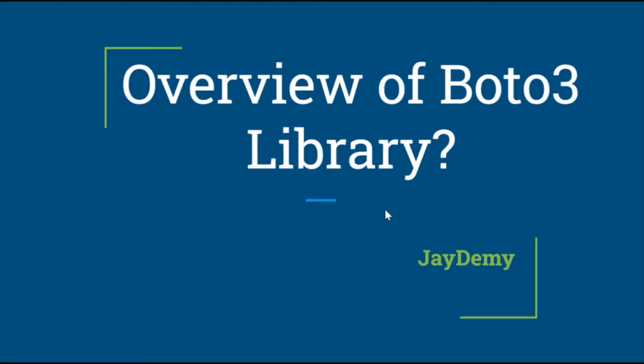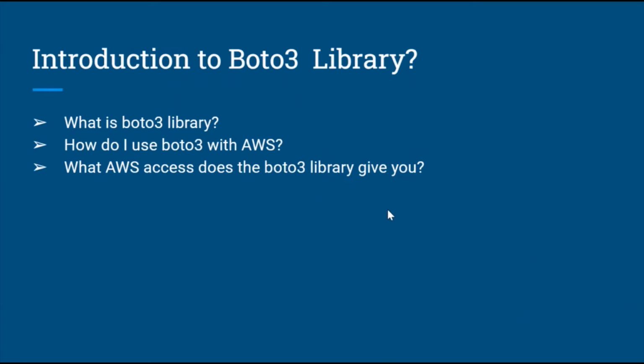How do I use Boto3 with AWS? To start using the Boto3 libraries to interact with the AWS API, you have to install the Python Boto3 module and import it from the Python program code, which we will see.